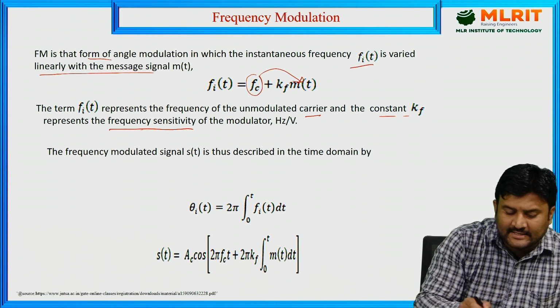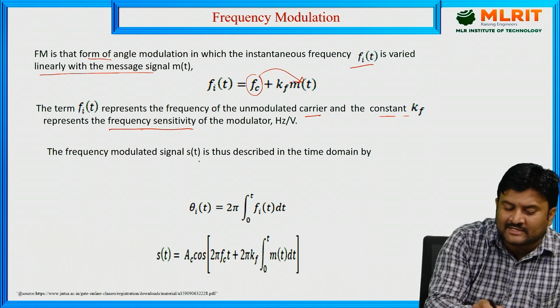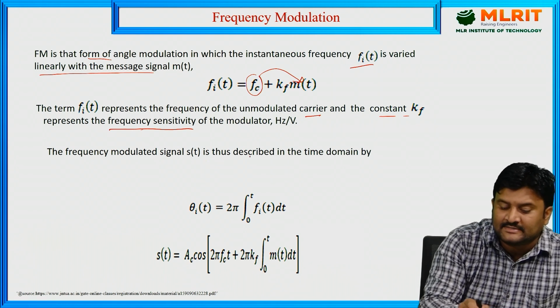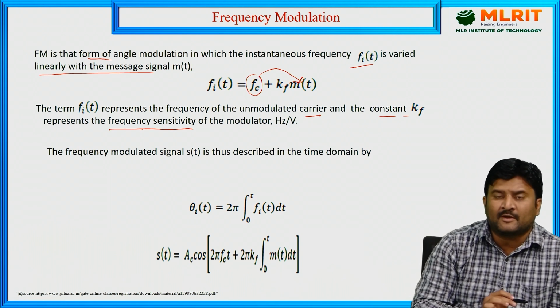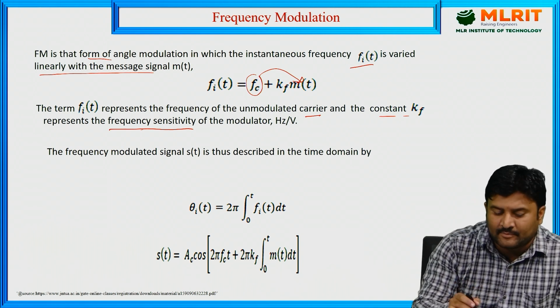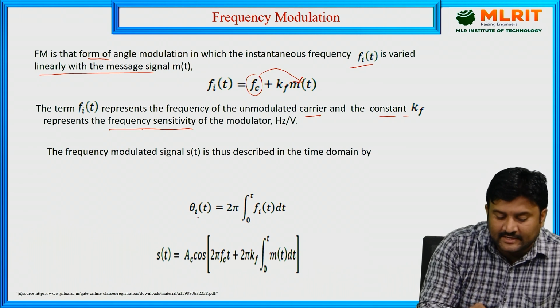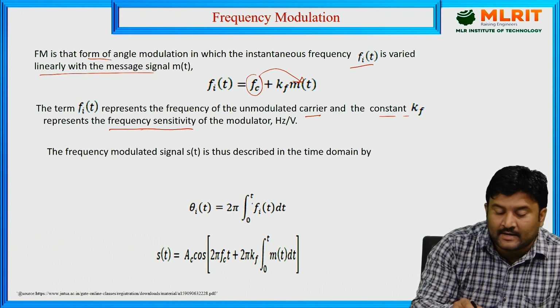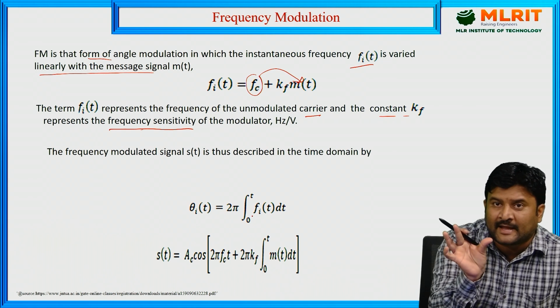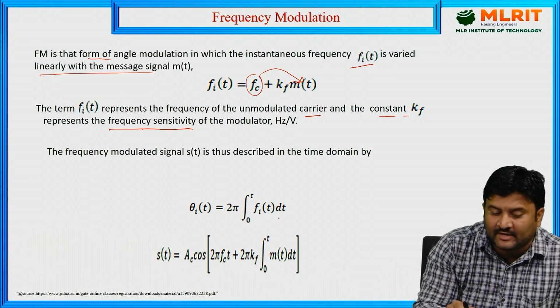Then you can take this value, the frequency modulated signal s of t, thus described in the time domain. What is the meaning here? Described in the time domain means theta i of t is equal to 2 pi, because you can take the complete cycle 2 pi, integral 0 to t, we can take the time period 0 to t, fi of t into dt.